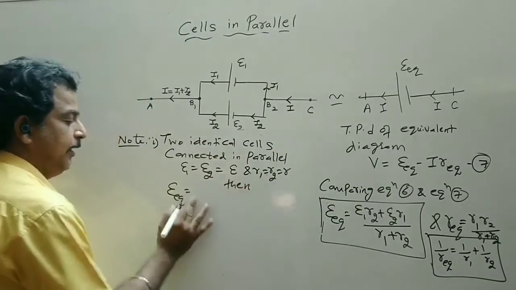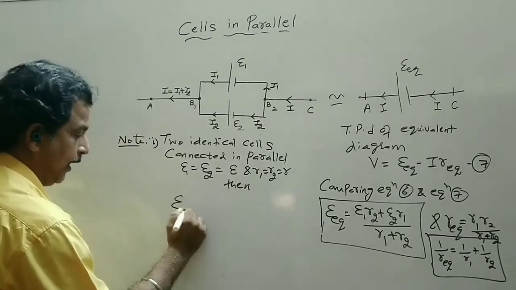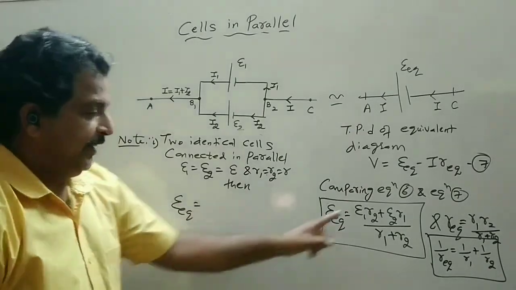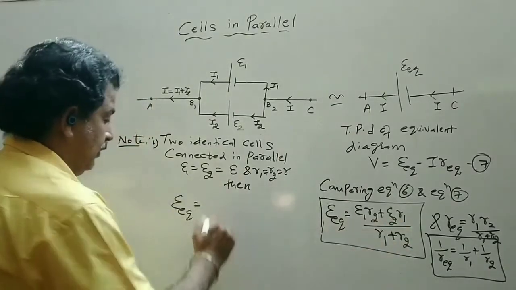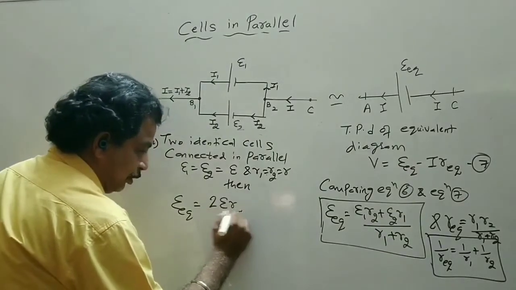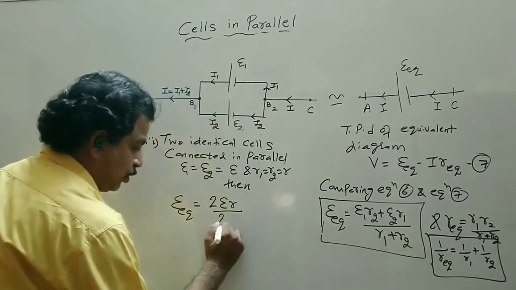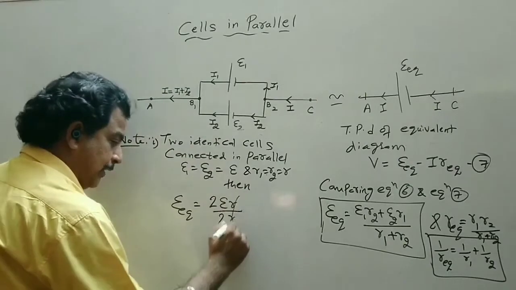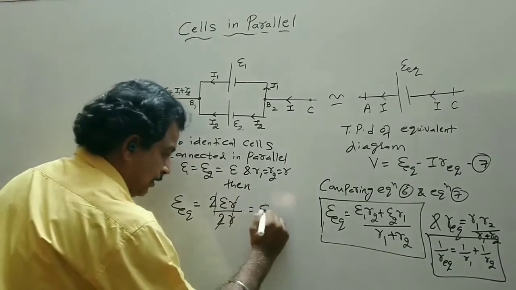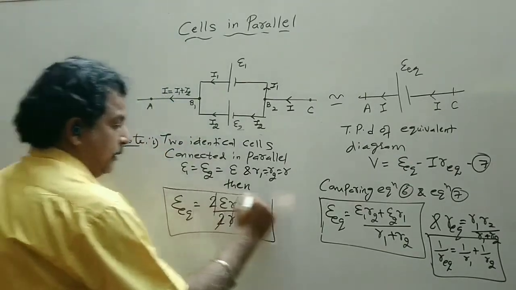Then E equivalent can be written as ER plus ER, that is twice ER upon R1 plus R2, that is twice R. So this R and 2 get cancelled. So this is the important property.